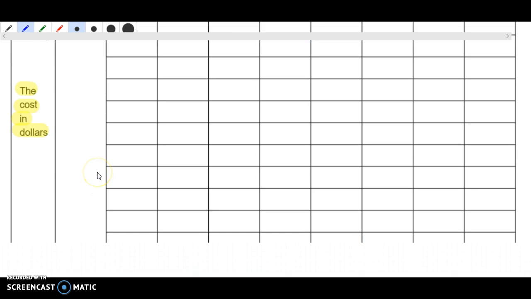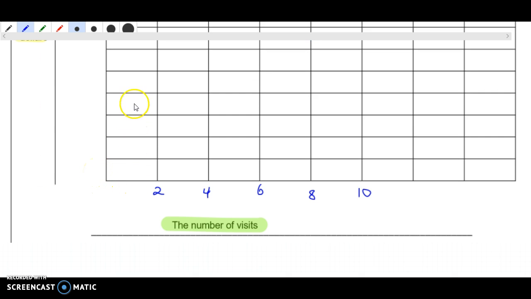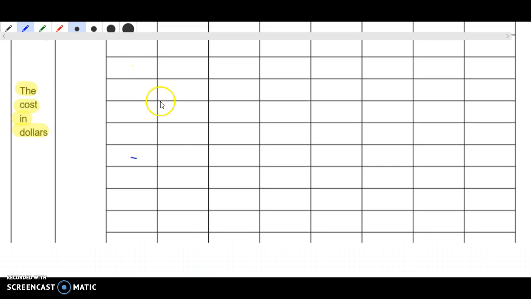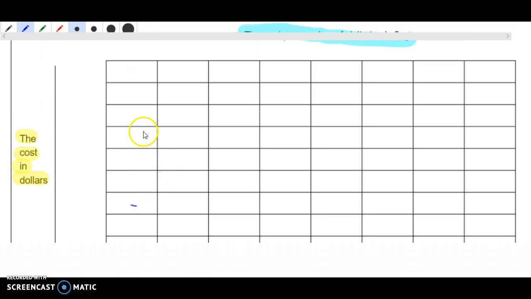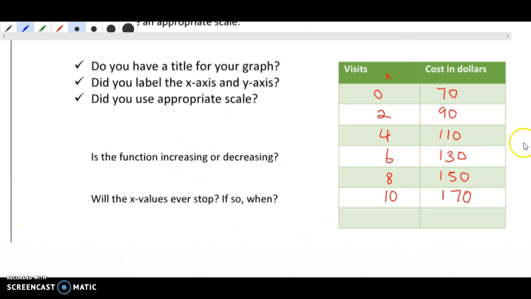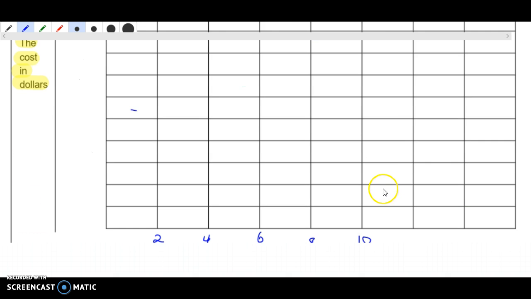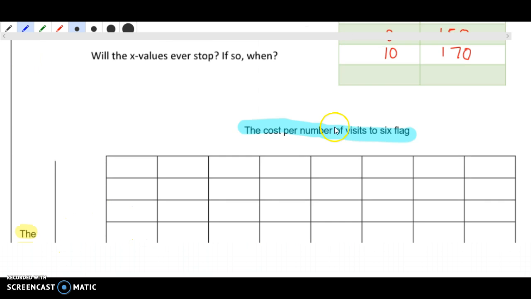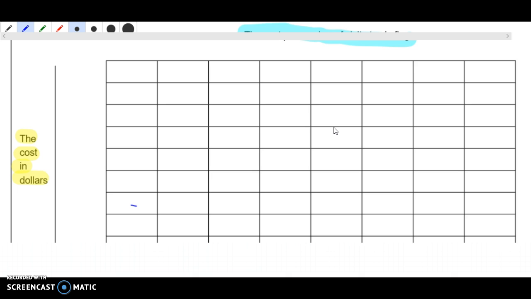If you look at the rows, we have 1, 2, 3, 4, 5, 6, 7, 8, 9, 10, 11, 12 rows. Our value goes up to 170. So let's see. We can't go by 10. So maybe we should go by 20. You know what?